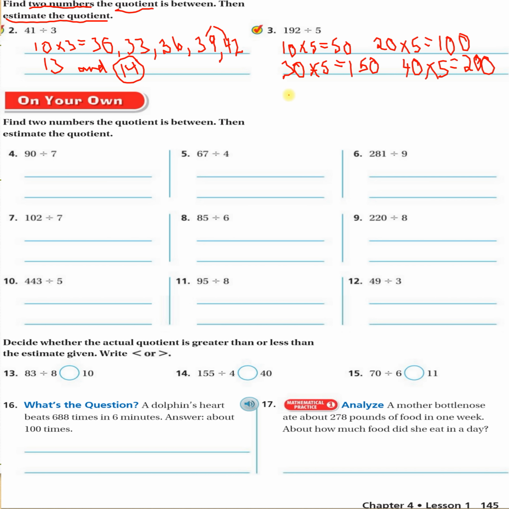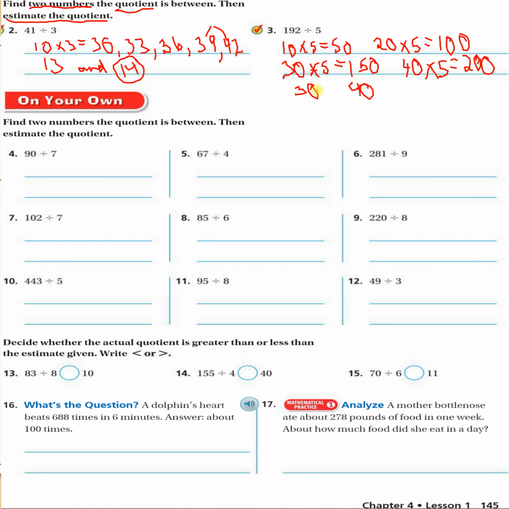So I'm going to say, let's go between 30 and 40. Yeah, let's go ahead and use those. Well, we're just finding estimates. So 30 and 40 would be my two numbers. Remember the directions said find two numbers the quotient is between.